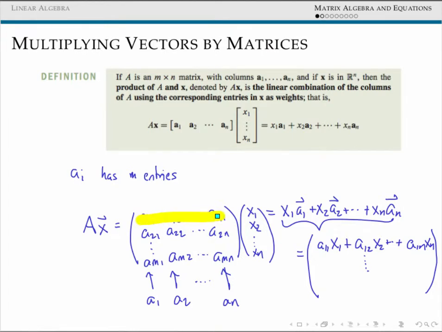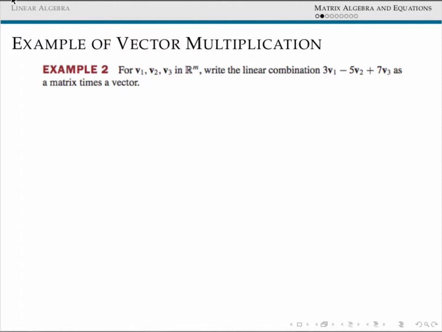So all the way across, we would multiply x1 times that first term, x2 times the second term, and so on. So let's actually look at a few examples of this explicitly, and how we can talk about this idea of translating linear combinations of vectors into products of matrices times other vectors.